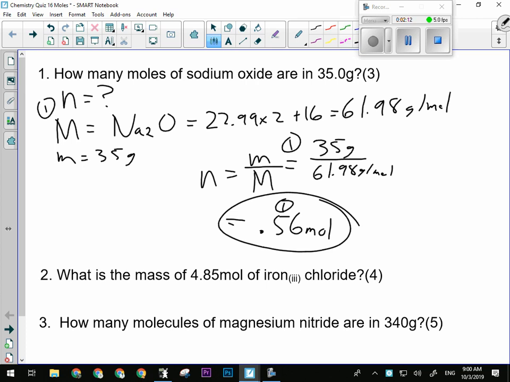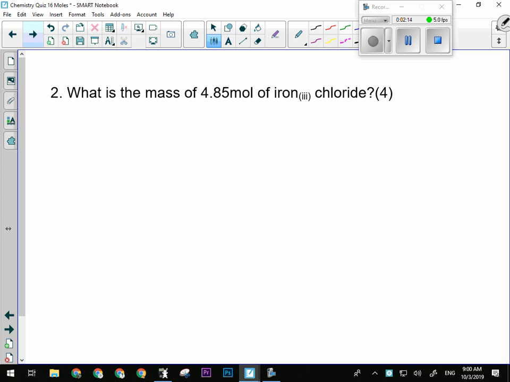All right. Question number 2. We are looking for the mass of 4.85 moles of iron 3 chloride. So they gave us N, 4.85 moles. They told us the material, iron with the 3+ charge and chlorine together. So that'll be FeCl3.